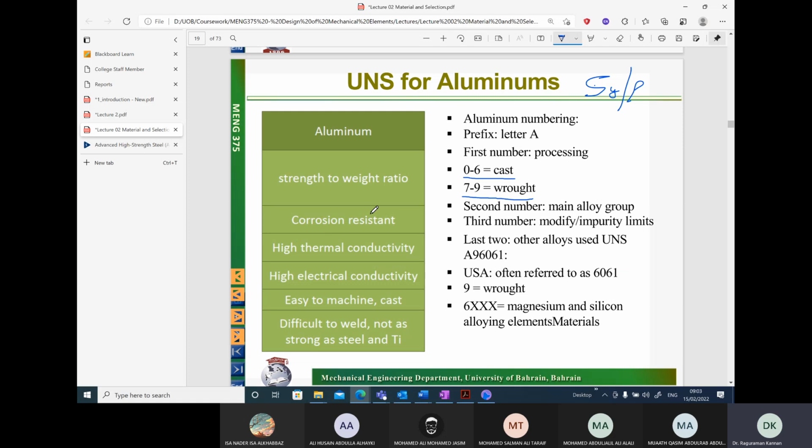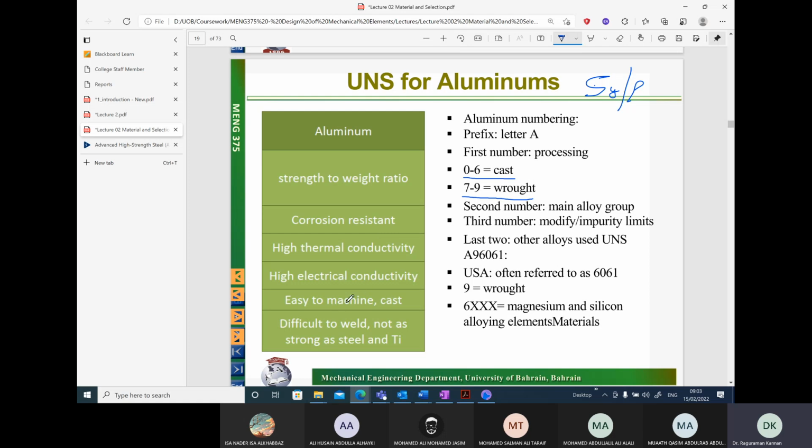It has corrosion resistance, because naturally aluminum is covered with a layer of aluminum oxide which prevents any kind of corrosion. It has very high thermal conductivity and electrical conductivity, and we can use it in appropriate applications.